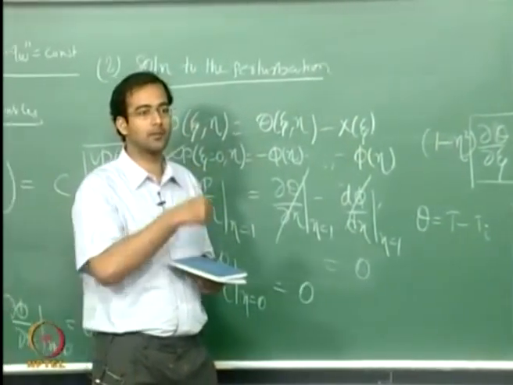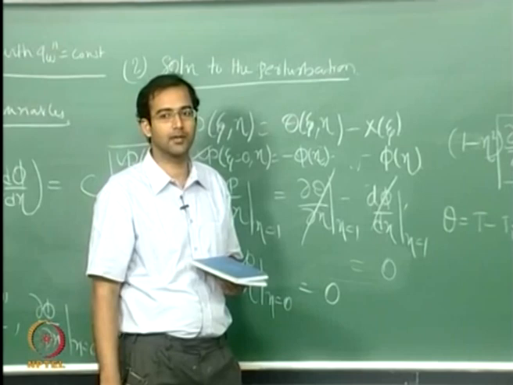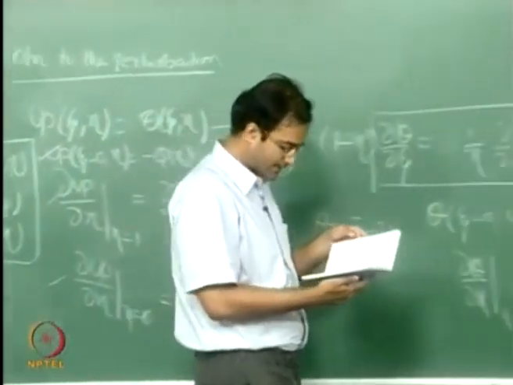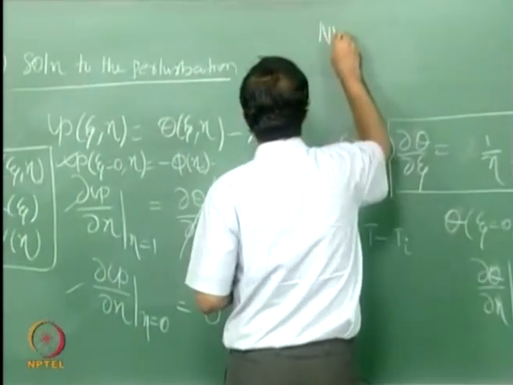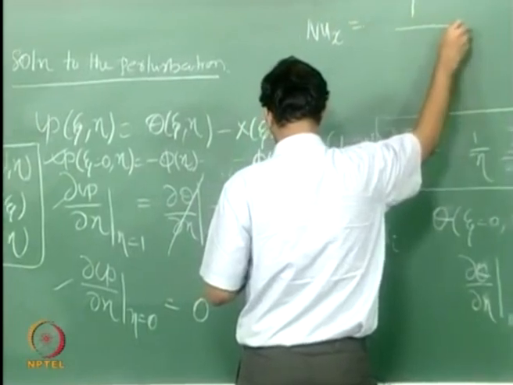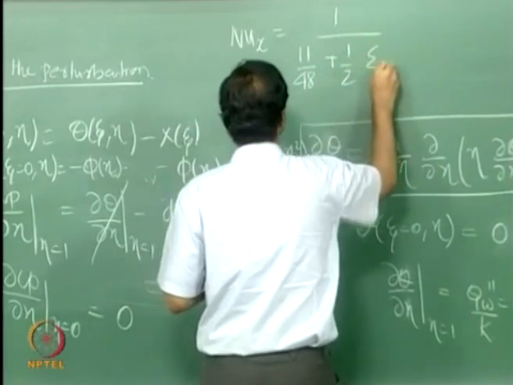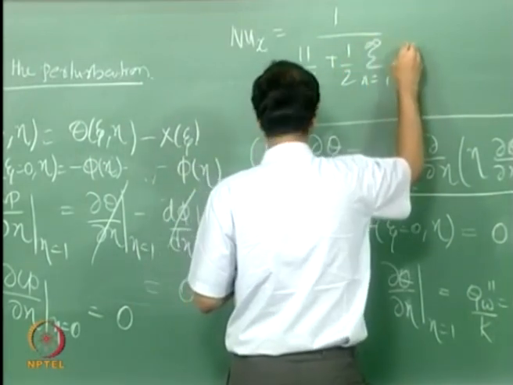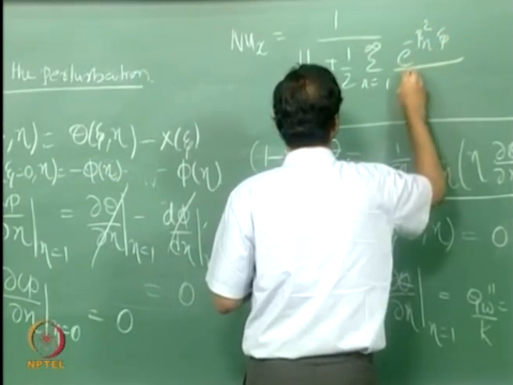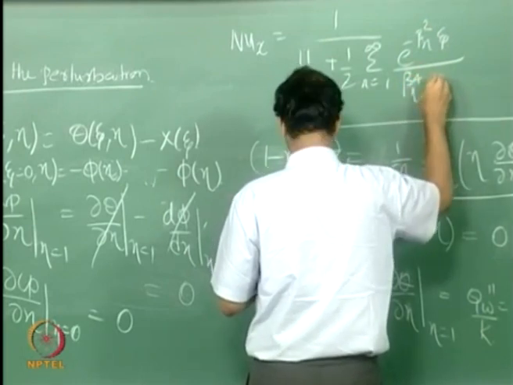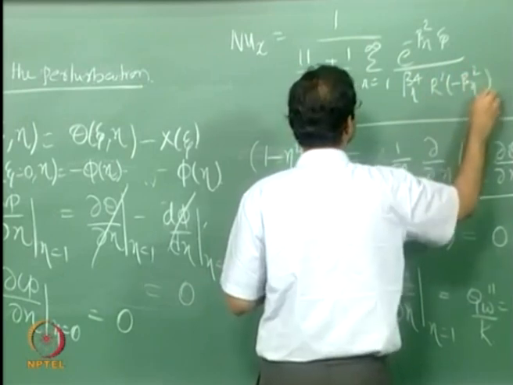and therefore the eigenvalue problem in this case will be what? Sturm-Liouville. The Sturm-Liouville kind of a problem. So Sellars did this, and the final solution for Nusselt number is (11/48) plus a sum over n.